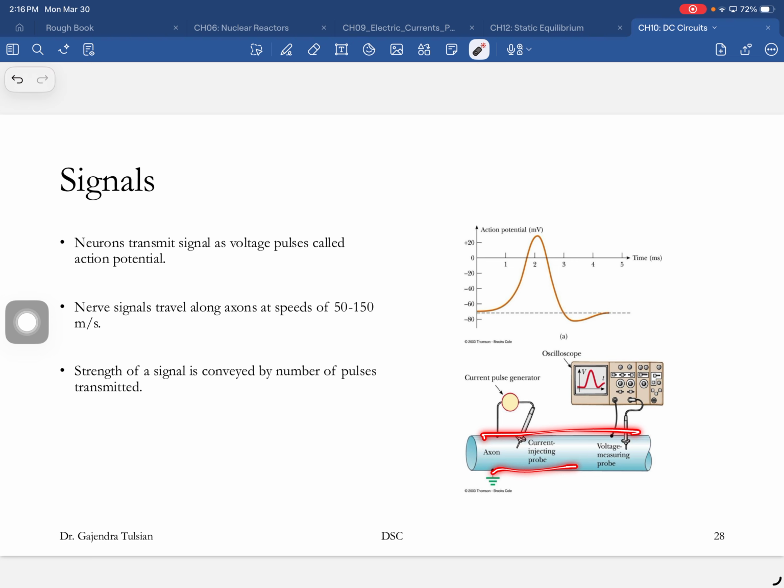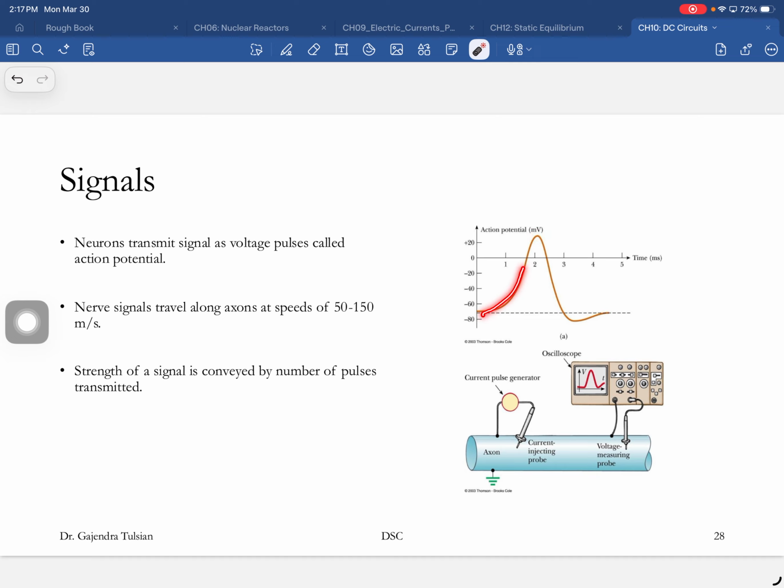So here's the axon. Here's the cell wall of the axon. And normally it's minus 70 millivolts. And what you want to do is generate 20 millivolts there. Okay, so axon environment.